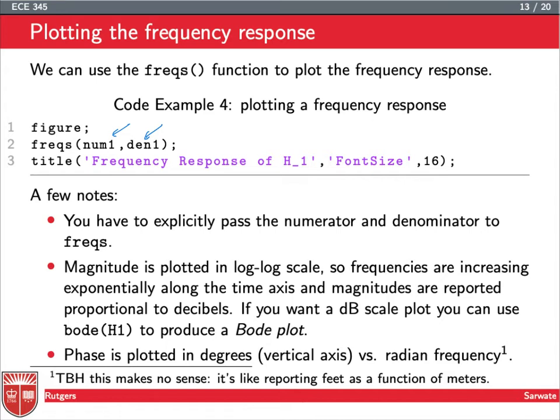The phase, for some reason, is plotted in degrees on the vertical axis against radian frequency, and this makes no sense to me. It's always kind of weirded me out. But there you have it. This is the default that engineers use, and there are some good reasons for it, but somehow, to me, it hampers understanding of what's actually going on.